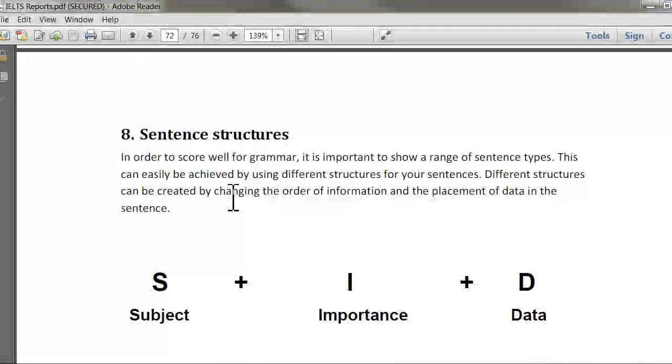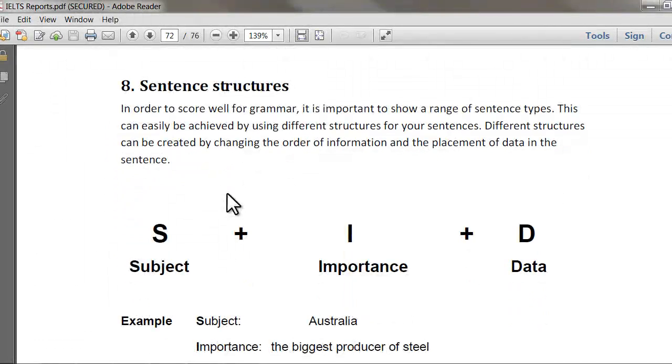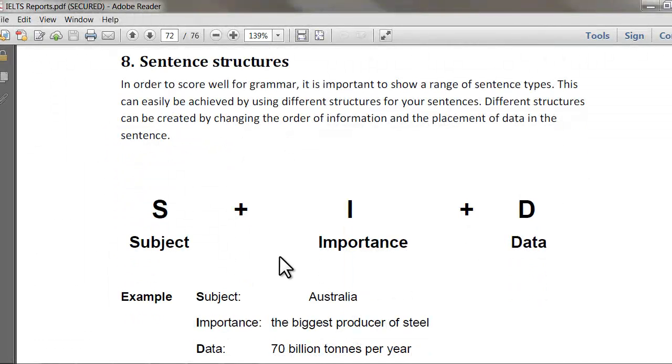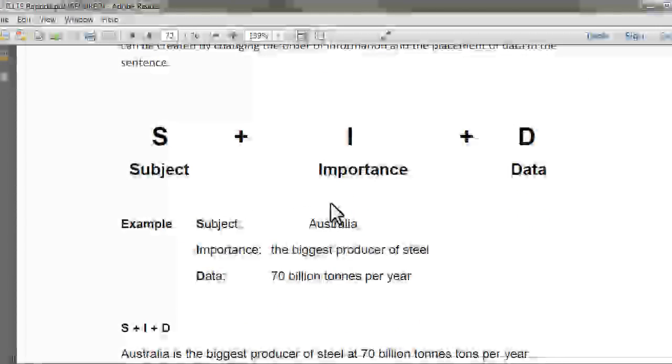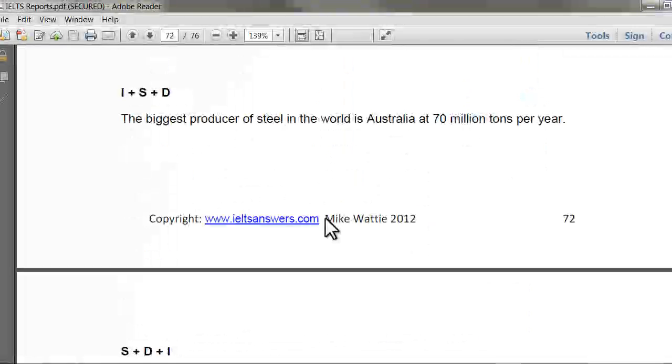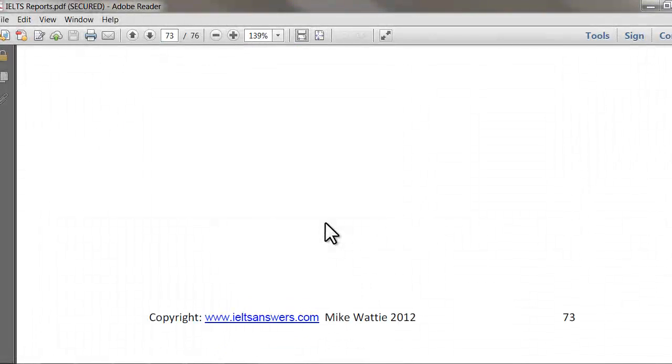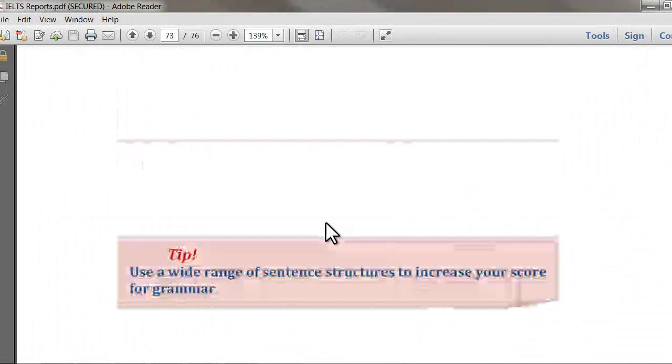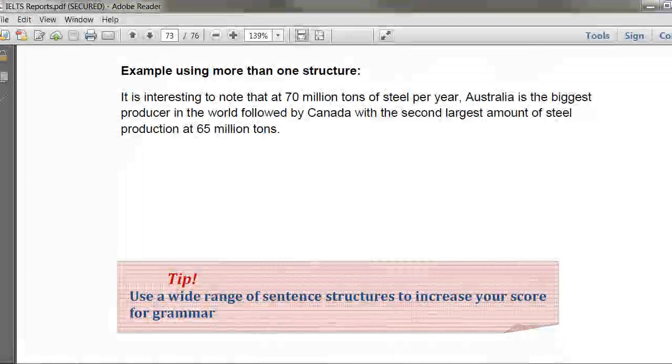And then the last part is about sentence structures. And like I said, you want to use a different range of sentences because that's how you get a high score for grammar. If you use the same sentence structures throughout, don't expect a high score. So yeah, there's different ways of organizing your sentence, and I'll show you those. That's important, especially if you're trying to get a really high score for grammar.